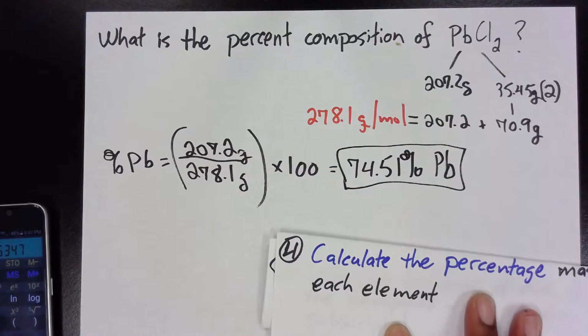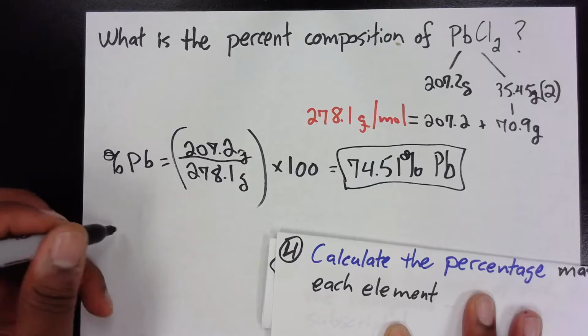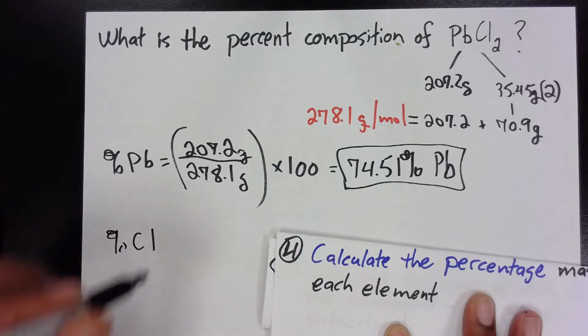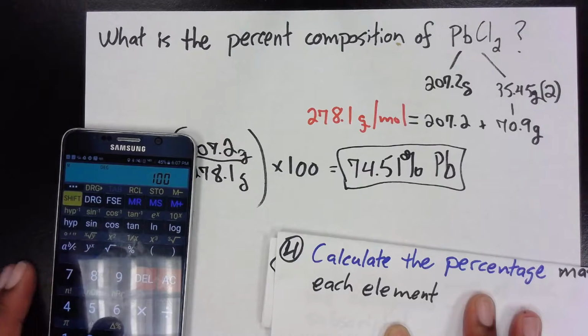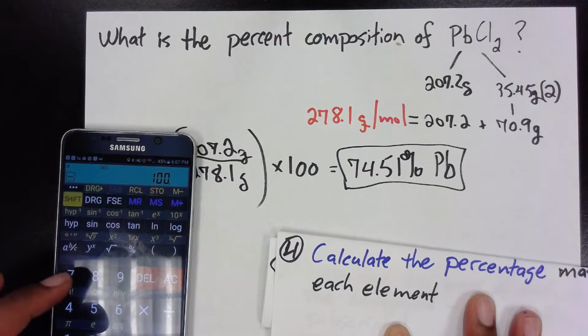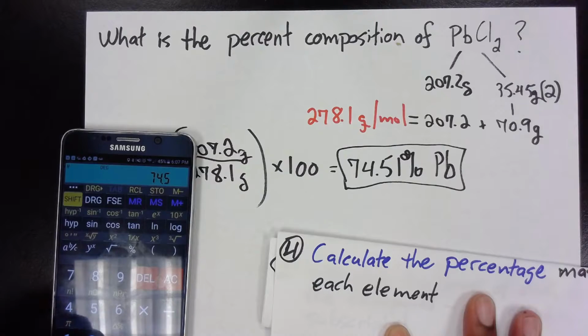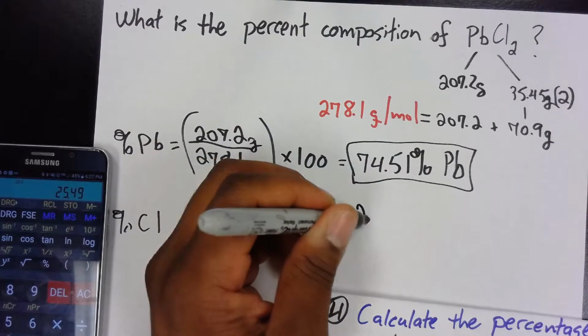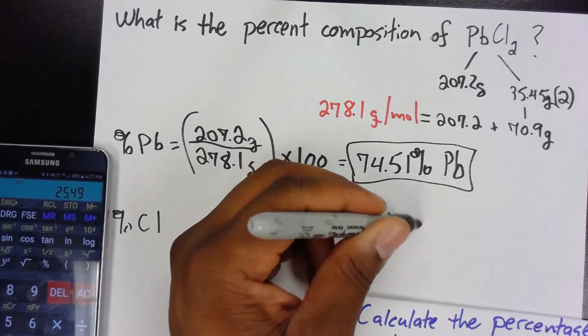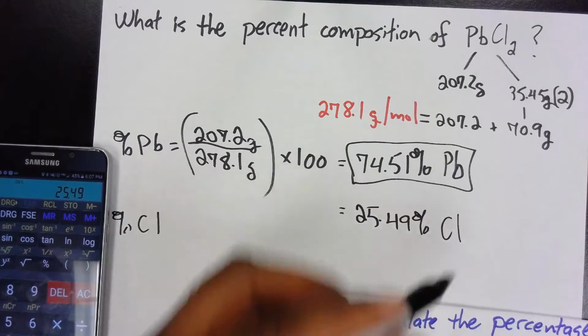And now, to get the percent of chlorine, I can easily just do 100 minus the 74.51%, and that's going to give me 25.49% chlorine.